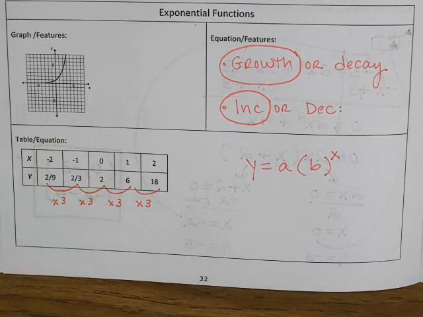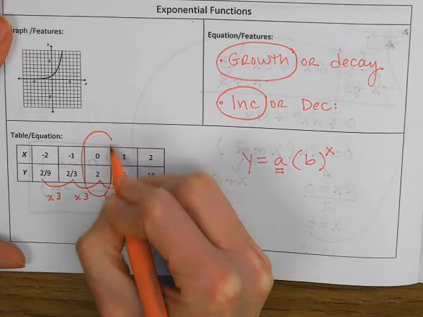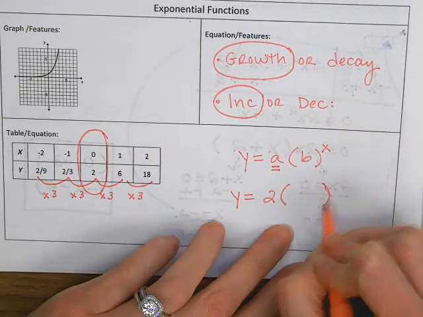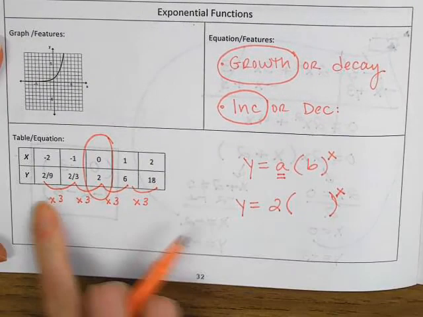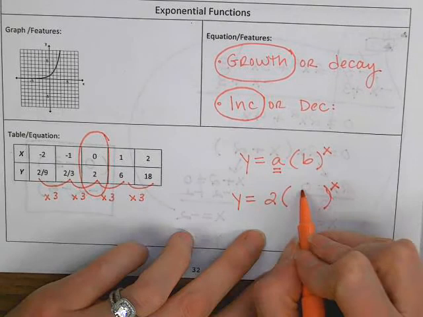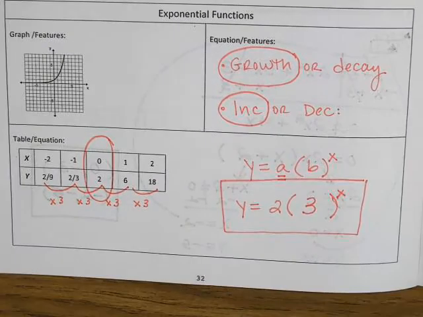All right, so what are a and b? A is the y-intercept. So a is going to be 2, and then b is the growth factor. We're multiplying by 3, so b is going to be 3. And that is your equation.